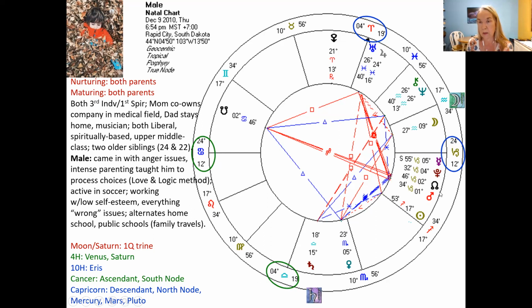Now, because Mars is balsamic Pluto by 3 degrees, this soul is finishing up lifetimes and lifetimes of having a 6th house Pluto.